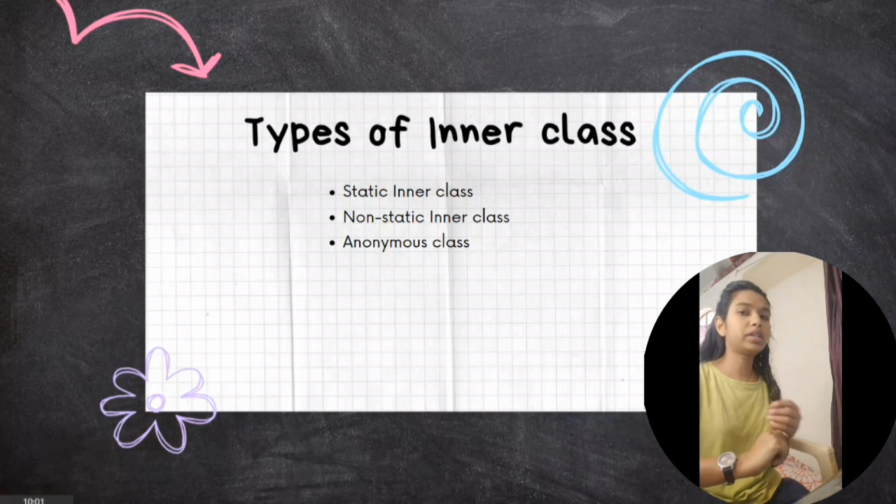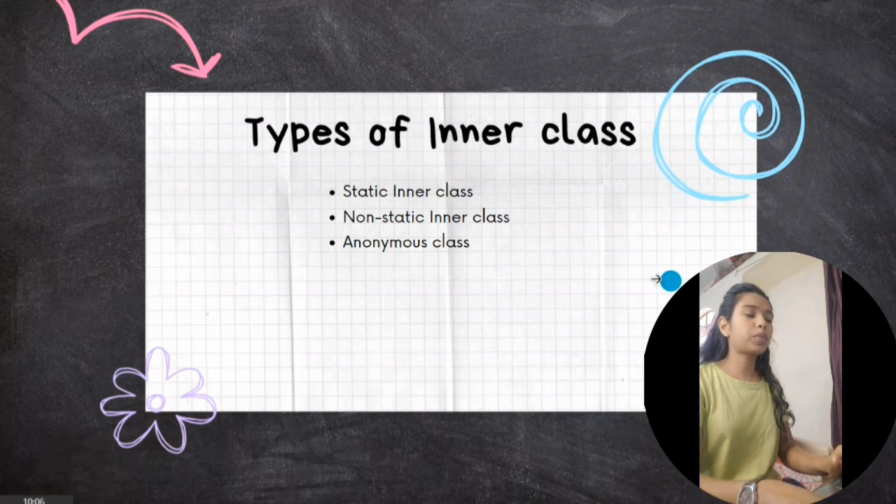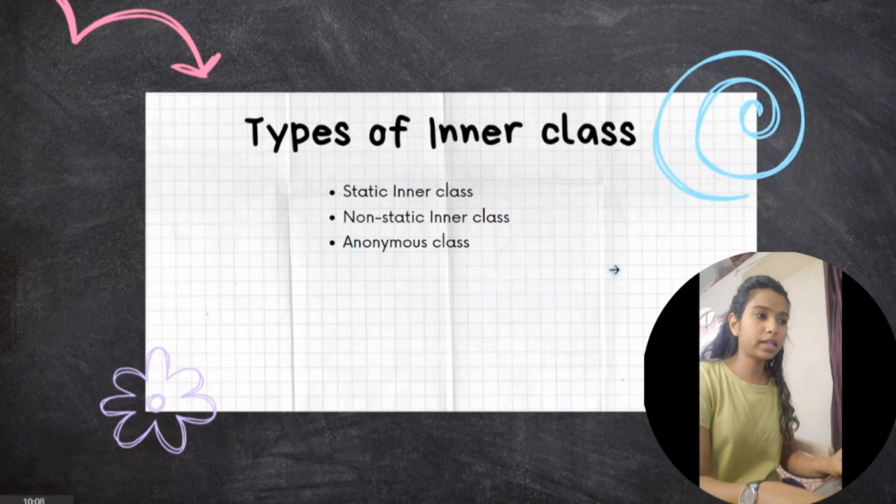So this is a bit tricky, we can say, and the properties of the non-static inner class are also the same. You can access the data, like variables of your enclosing method.